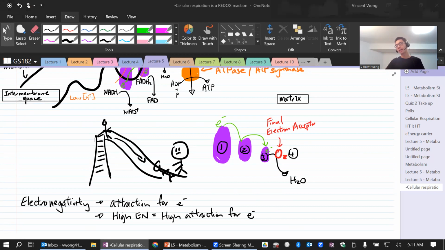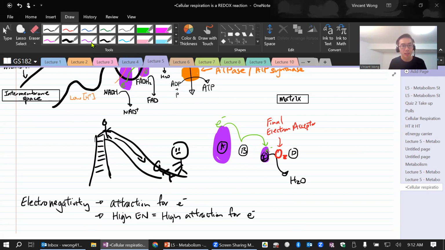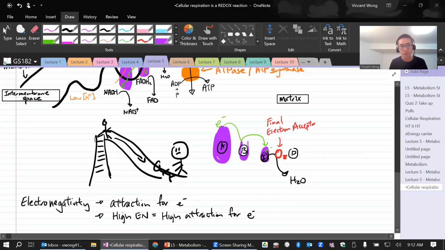Which one do you think has the highest electronegativity? A, B, C, or D? I should have said A, B, C, D. Which one has the highest electronegativity?